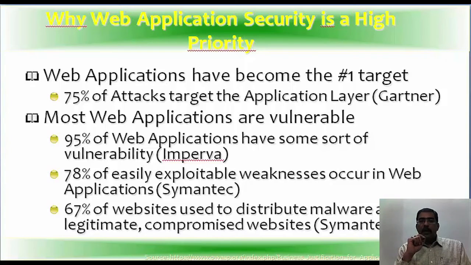Most web applications are vulnerable. 95% of web applications have some sort of vulnerability, again by research done by Imperva. And 78% of the easily exploitable weaknesses occur in web applications, again research done by Symantec. And again by Symantec, 67% of the websites used to distribute malware are legitimate but compromised websites.